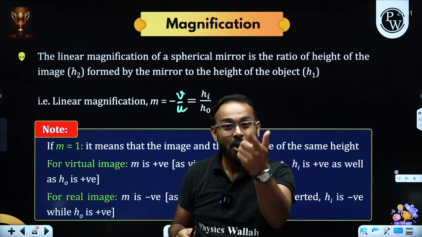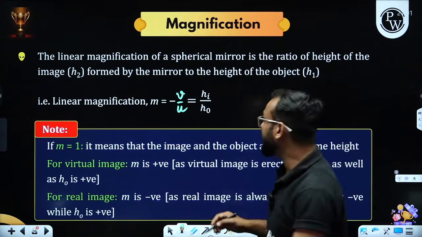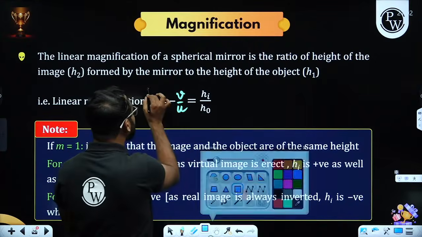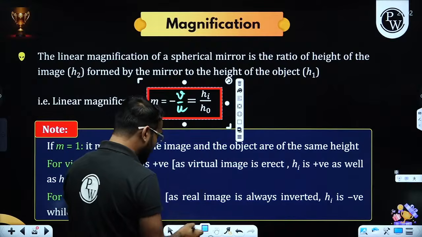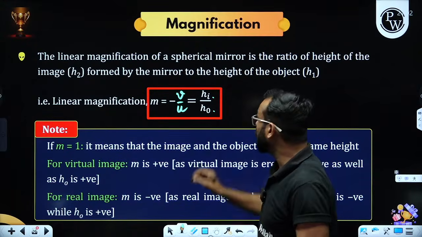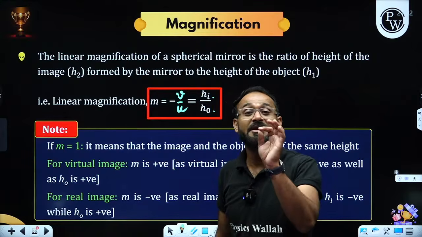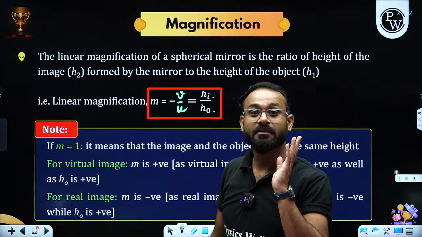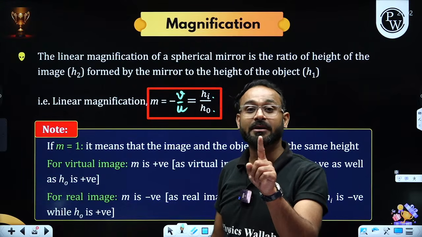Magnification can be represented as height of image to height of object. Representation is hi by ho, and it equals v by u, that is image distance by object distance, but with a negative sign.